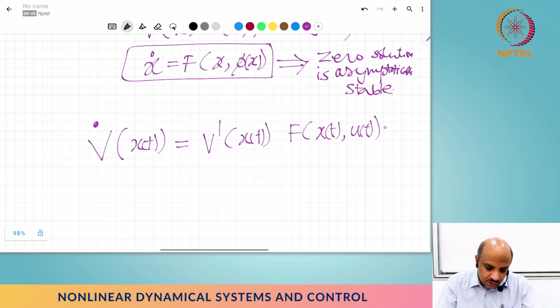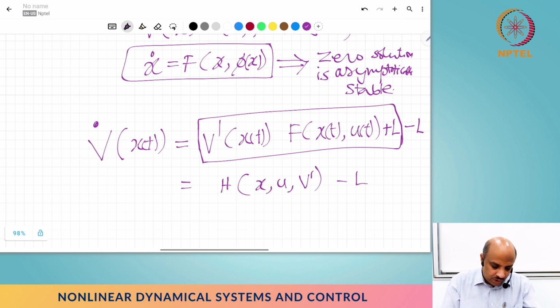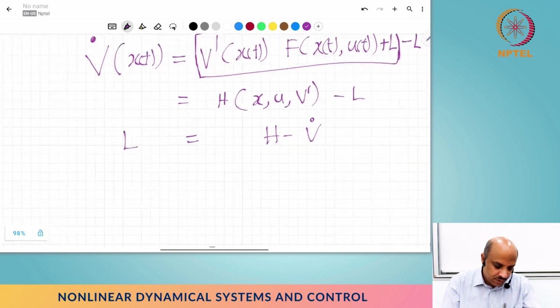So I'm going to add L and subtract L. But we know that this is nothing but H of x comma u comma V prime minus L. So rearranging this, basically I'm going to get L is equal to H minus V dot, and I can integrate this.